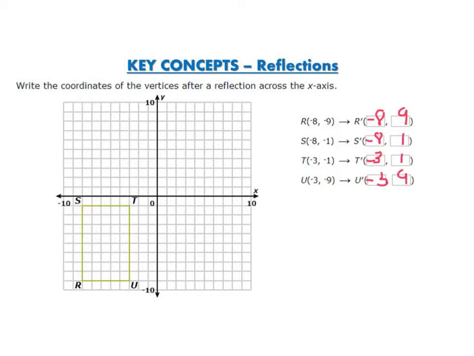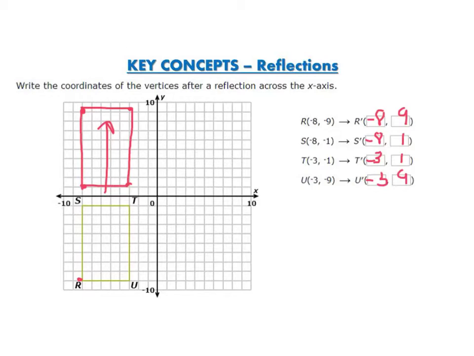Because I'm going to take this shape and flip it up over there. So this point that's down there is going to be up here. The other one's going to be up here. I have one at 1. And if you'll notice, that's where my points end up when I reflect it.